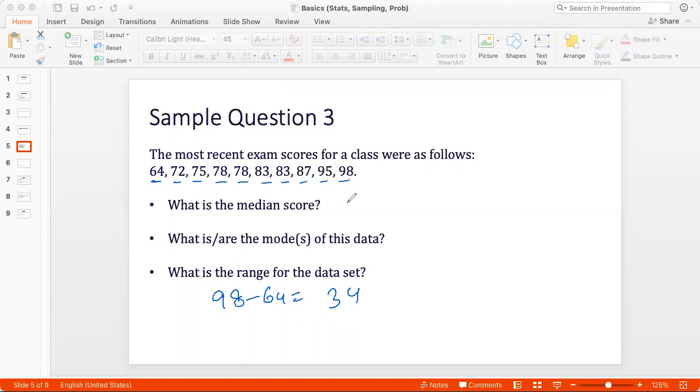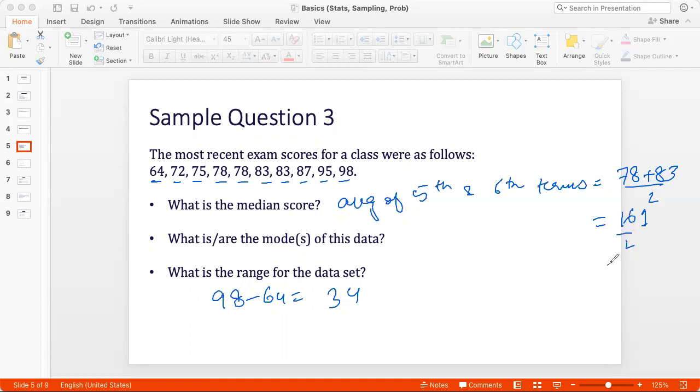10 terms. So the median will be the average of the fifth and sixth terms, which is 1, 2, 3, 4, 5, 78 and 83. 78 plus 83 by 2, 161 by 2, which is 80.5.